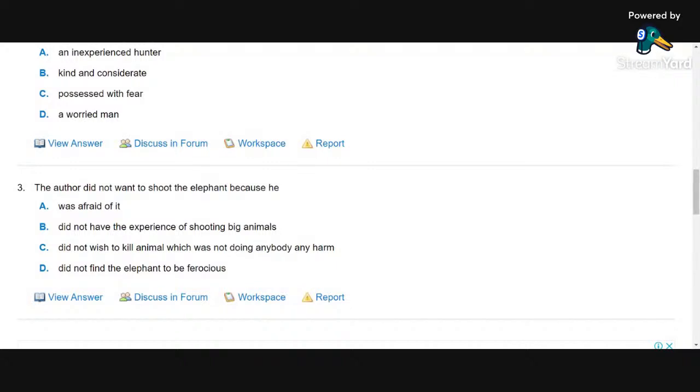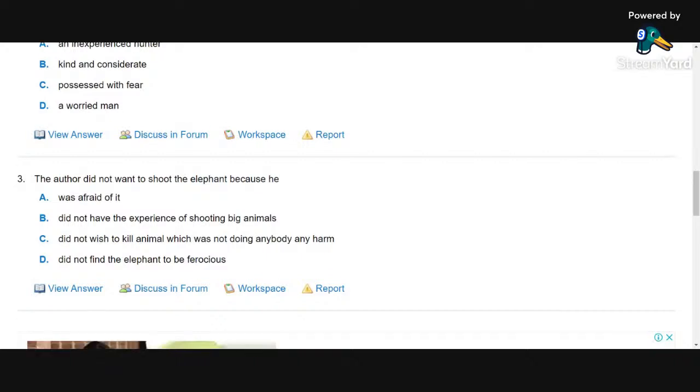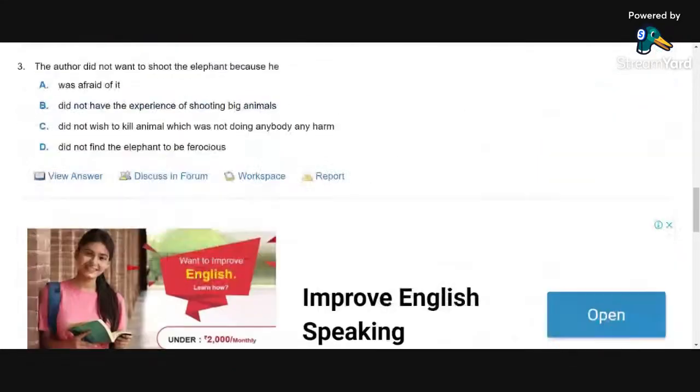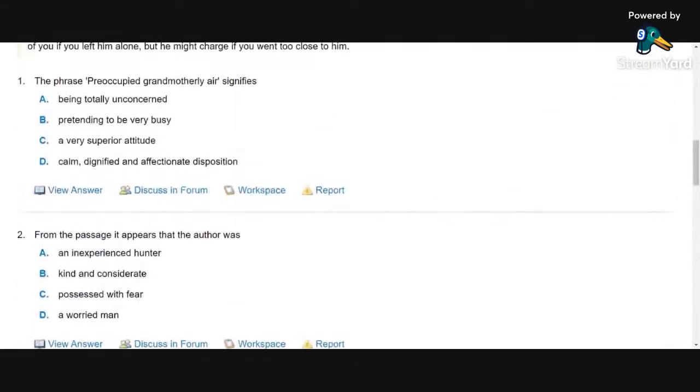Yes, it is option B because he never shot a large animal, correct? It was clearly mentioned in the passage. So he was inexperienced in killing a large animal. So you all have got the right answer. Now let's see the next question.